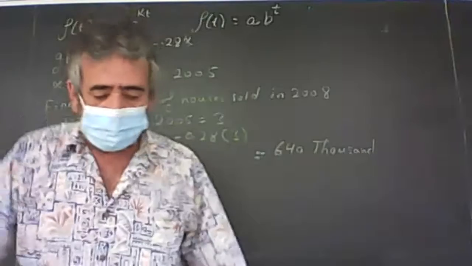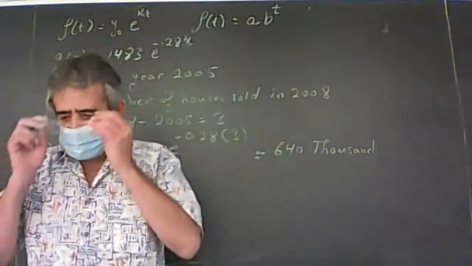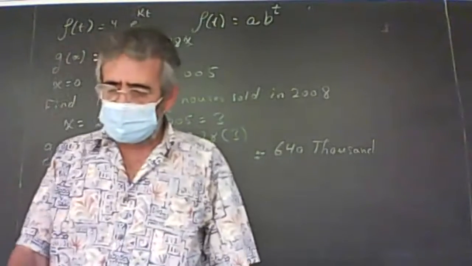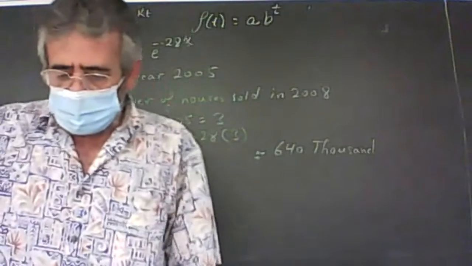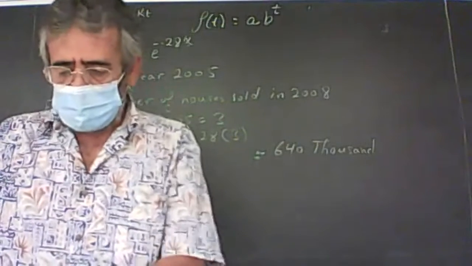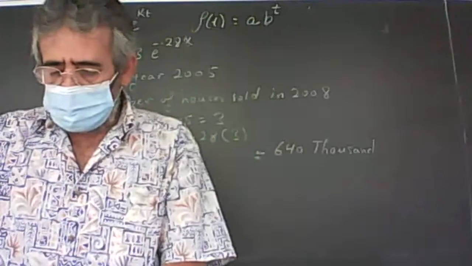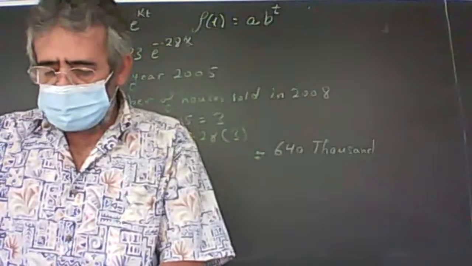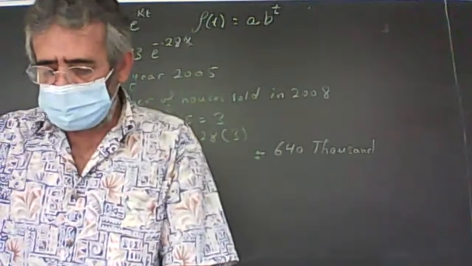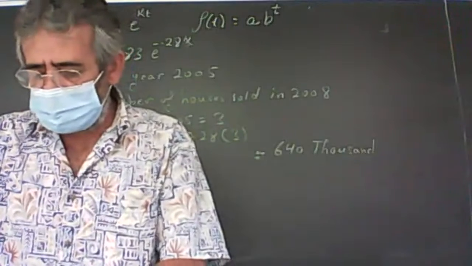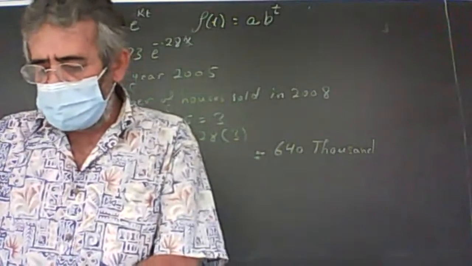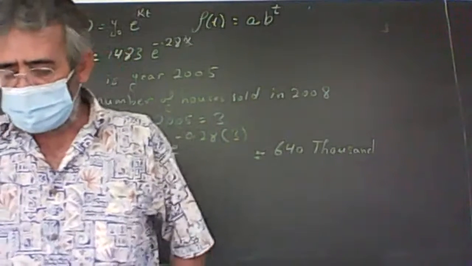Now, question number 2, it says, what was the first full year in which the number of houses sold fell below 500,000?